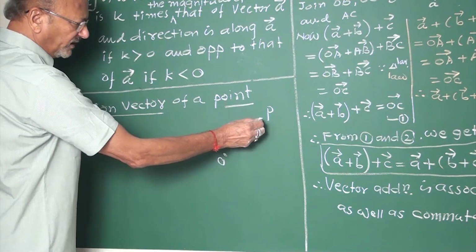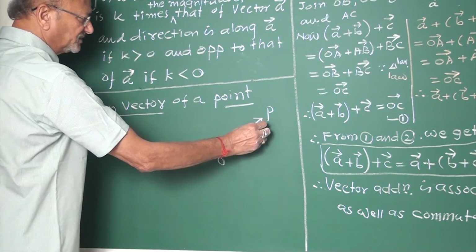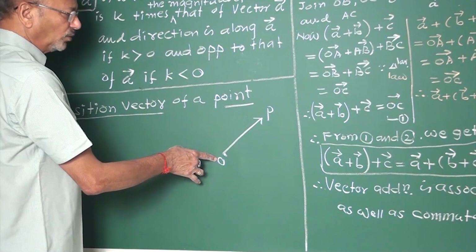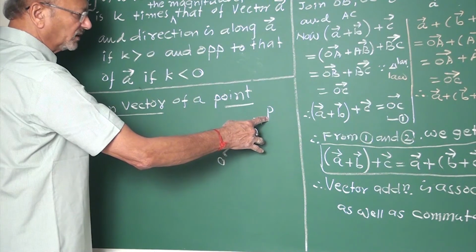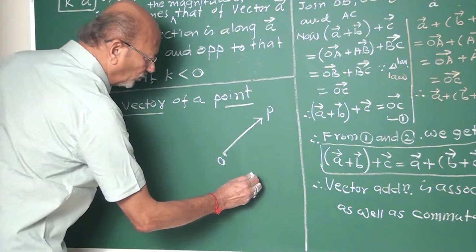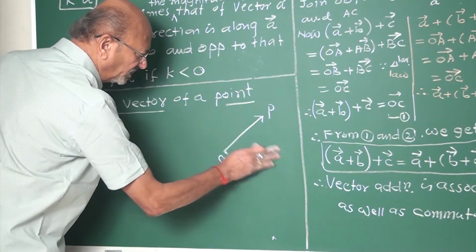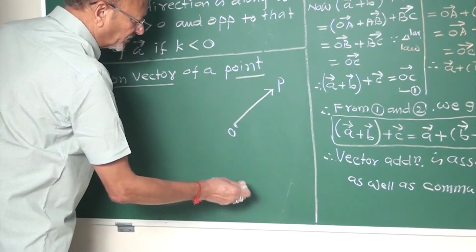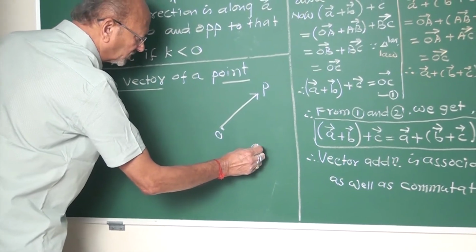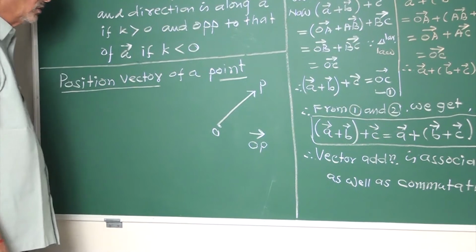Then the vector OP, what is its direction? Direction is from O to point P. Then this vector OP is known as the position vector of the point P.